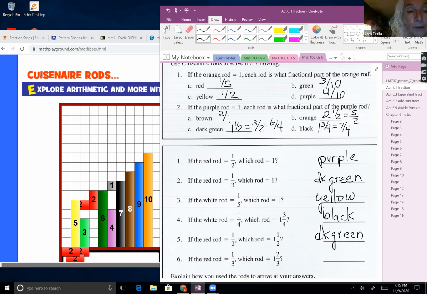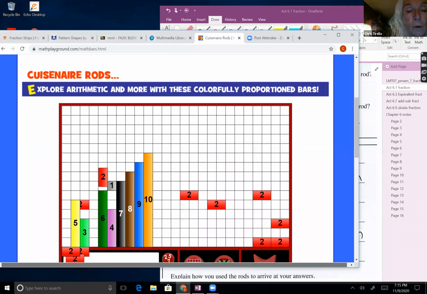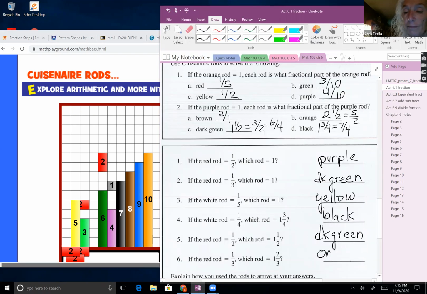And then adding 2/3 on top of that whole, 1, 2, wouldn't that take us to the orange? Yes, no, maybe.